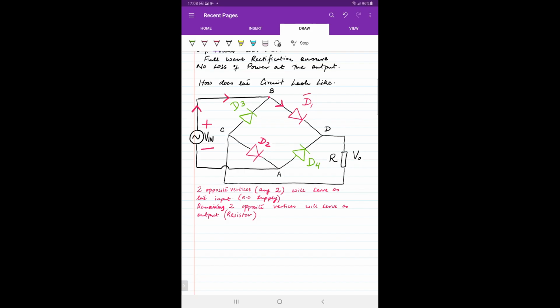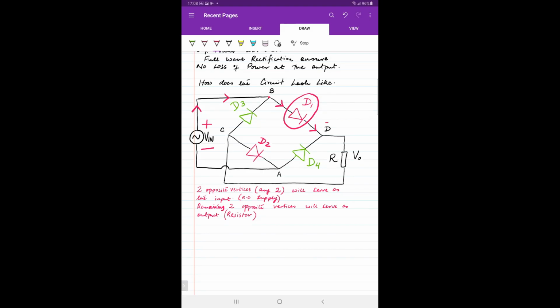So current is going to follow through the red wala diode because it is forward biased. So basically diode D1 conduct karega. Now the current is going to reach the point D. Then from the point D, the diode D4 is reverse biased. So the current cannot go into that branch.